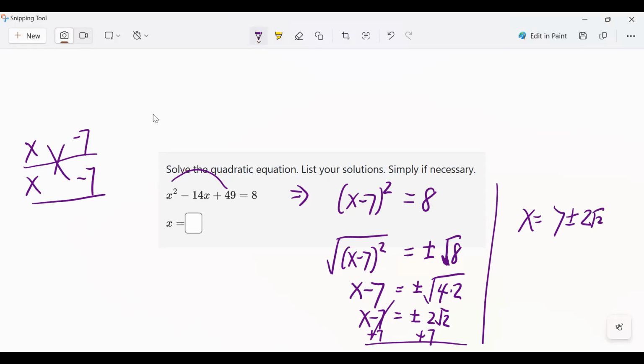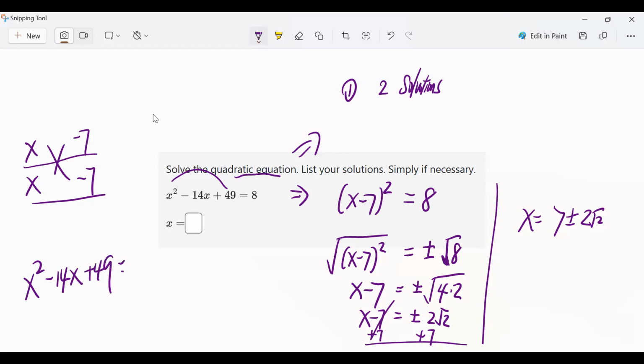So basically for a quadratic equation, usually you have two solutions, right? There are three possibilities. Two solutions, or it could be one solution. If it is something like x squared minus 14x plus 49 equals 0, then there's only one solution, 7, because of the 0 here.